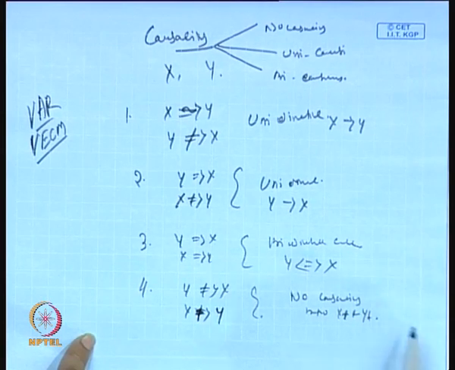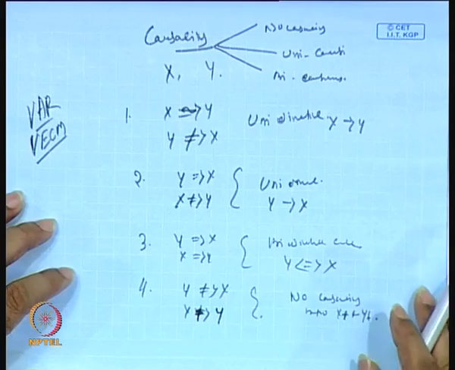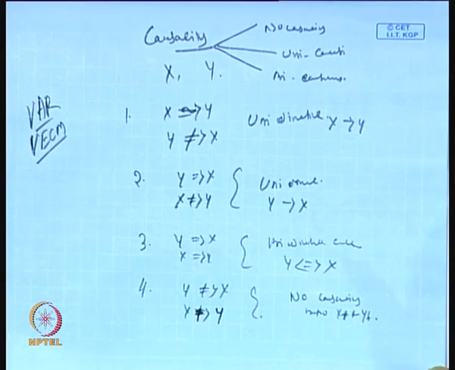So, for a particular system having two variables together, there are three different shapes, in fact four different shapes, including no causality, that means x does not cause y and y does not cause x.